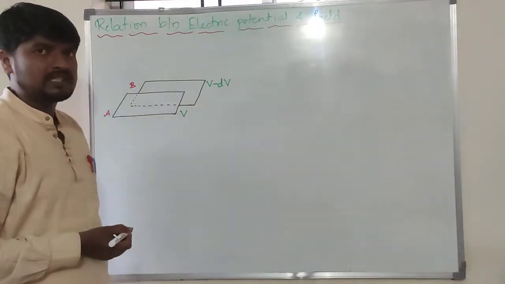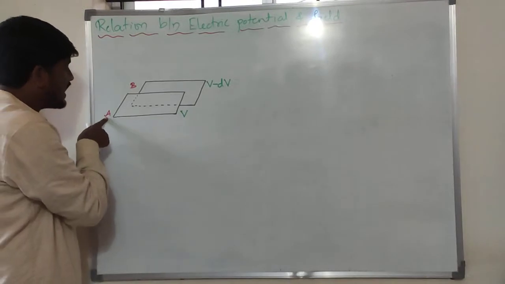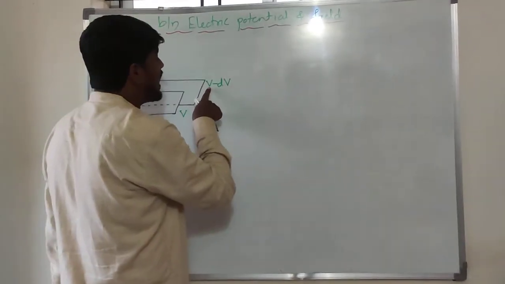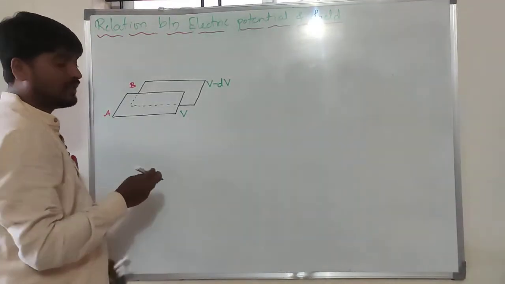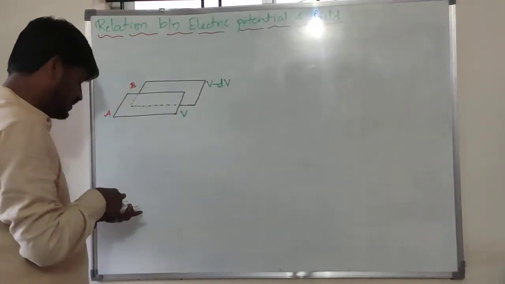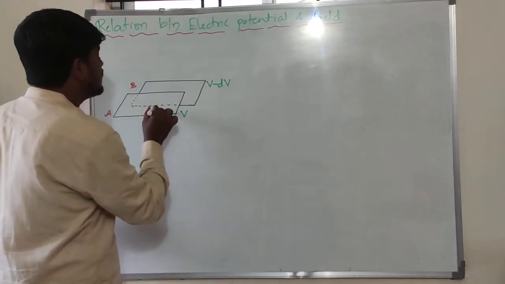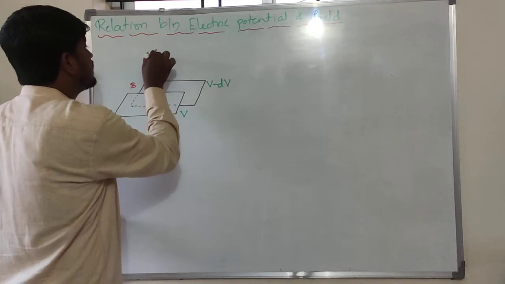Then what do I have to consider? Explanation: consider two equipotential surfaces A and B with the potential values of V and V minus dV respectively. They are not separated by the distance dr yet, that I will show afterwards. Now from surface A, I will show the direction of the electric field, a straight line.